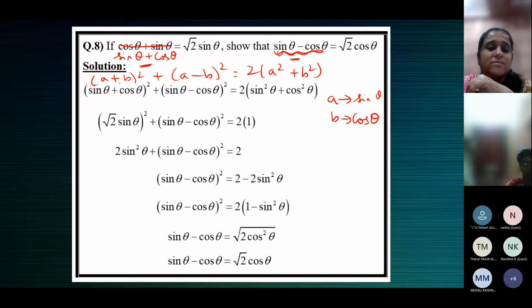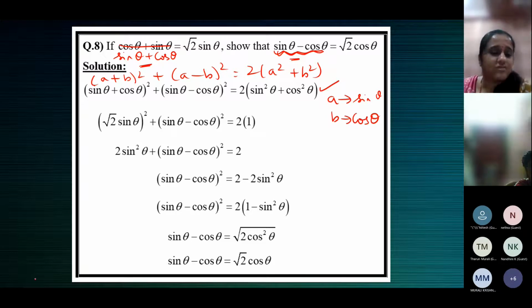So it will be sin theta plus cos theta the whole square plus sin theta minus cos theta the whole square is equal to 2 of a square plus b square. So a is sin theta, so a square will be sin square theta, and b is cos theta, so b square is cos square theta.